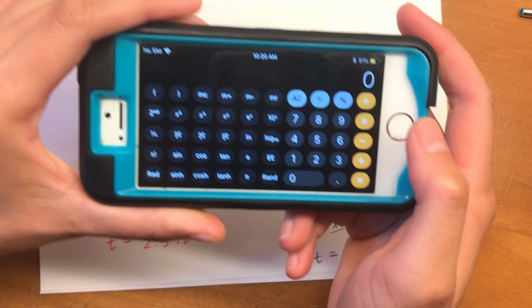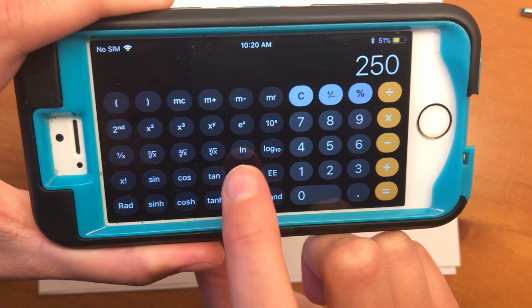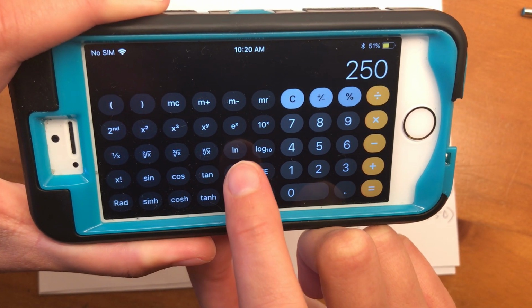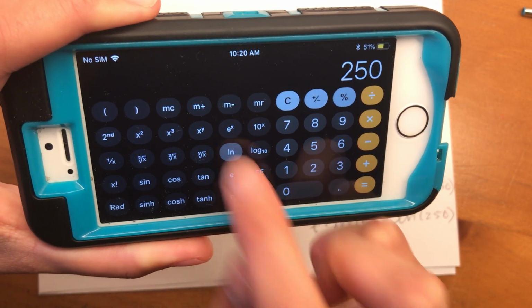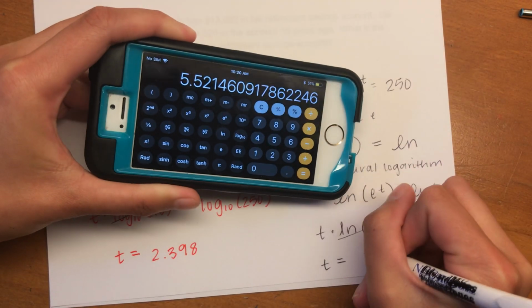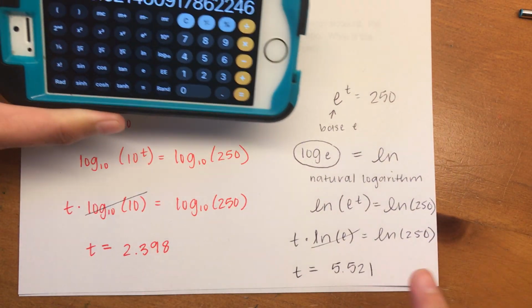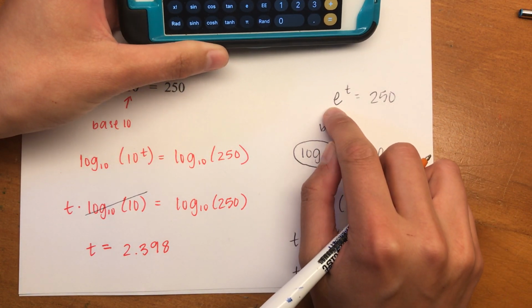And we go here in the calculator, I put in 250, and then right next to the log base 10 button, there's the ln button. I like to do a cursive L just so it's a little bit clearer. So then I hit ln, and I get 5.521, which we're thinking, remember, e is 2.718.